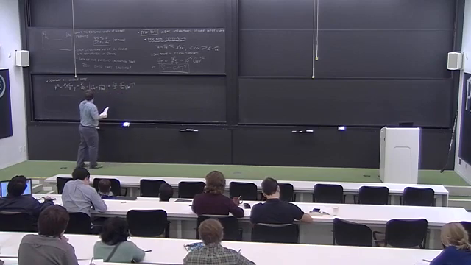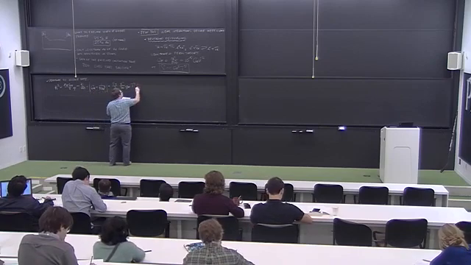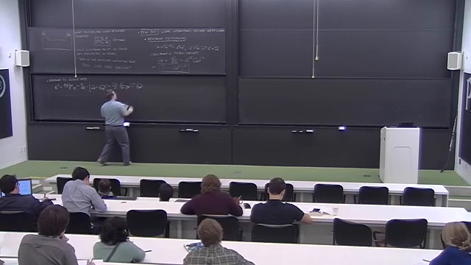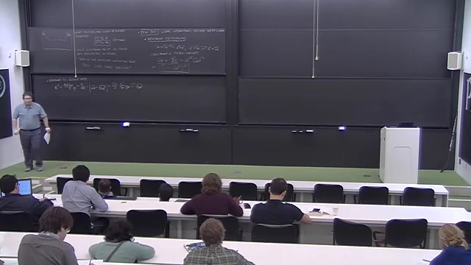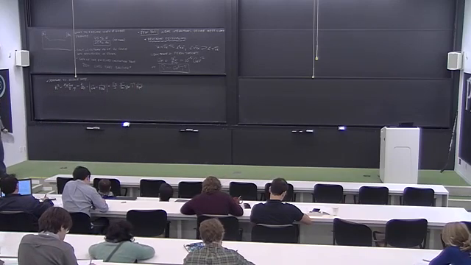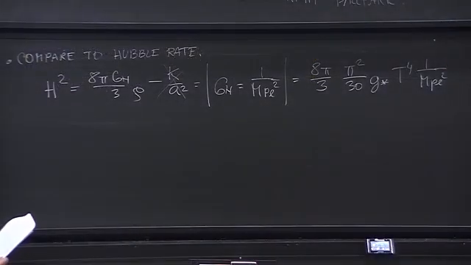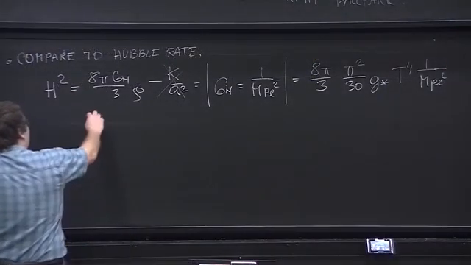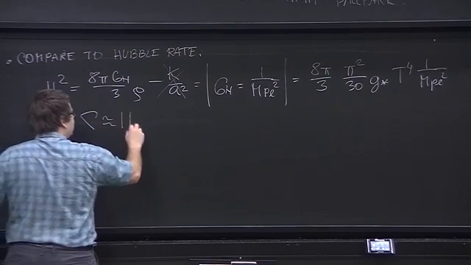And then I still have this G Newton there, which gives me 1 over m Planck squared.